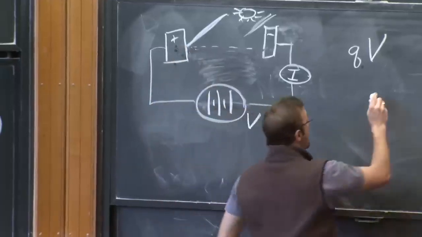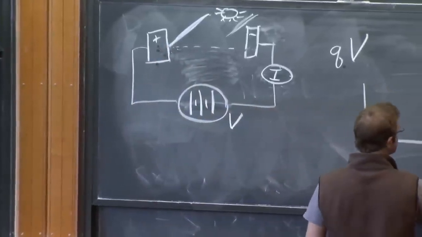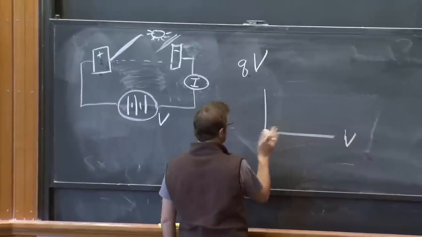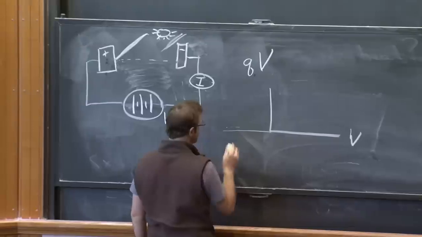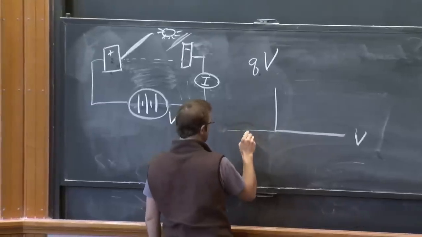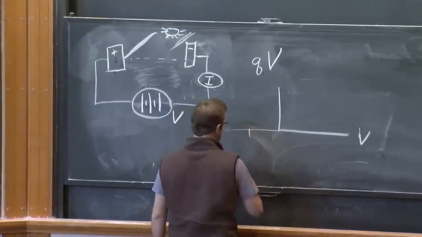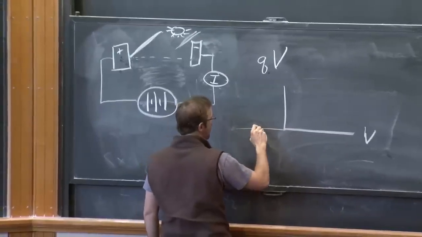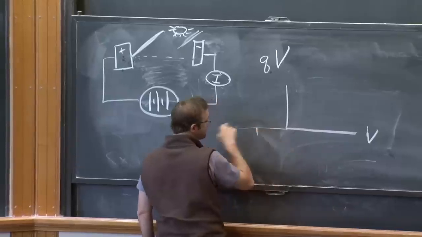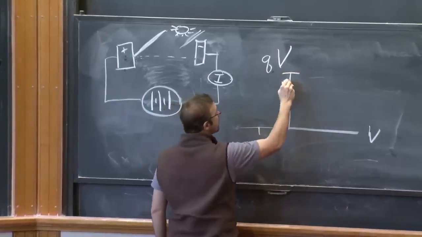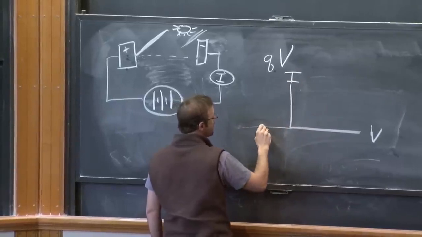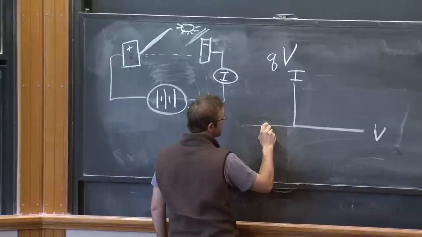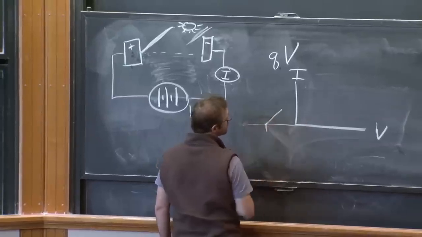So the upshot is that as a function of the voltage, what I should see is that there's some critical minimum voltage, and depending on how you set up the sign it could be either way, where for less voltage, the electron doesn't get across, and for any closer to zero voltage, the electron has enough kinetic energy to get across, and so the current should increase.